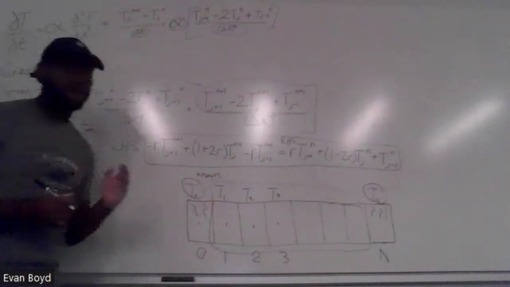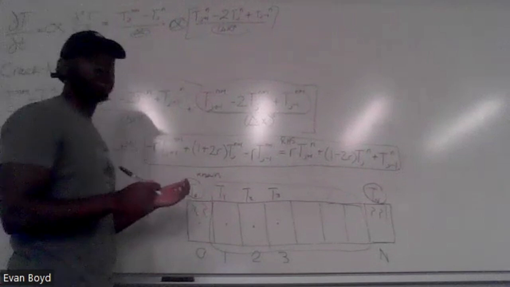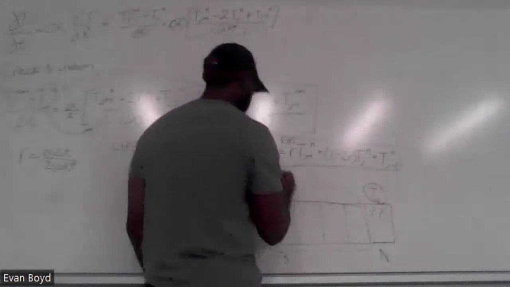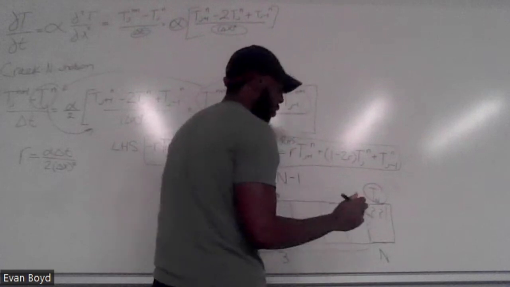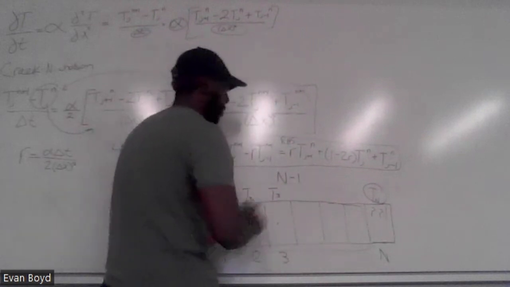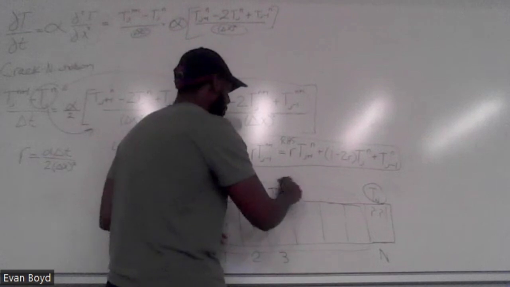There we go. I don't know why Zoom does this. So we represent this as N-1. And I'll explain a little bit later. Actually, I'll just come back to this later. This is our first unknown.